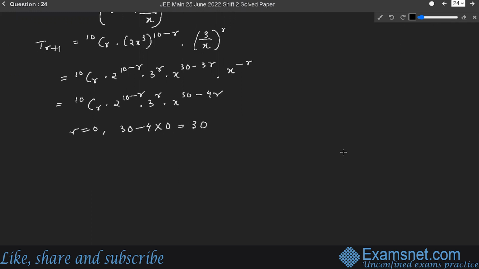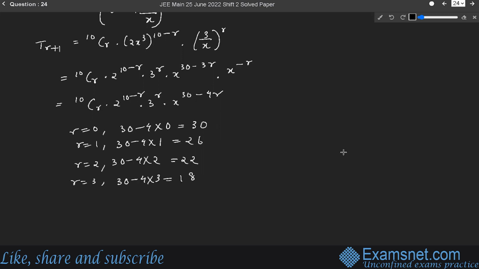It is even and positive. For r is equal to 1, 30 minus 4 into 1 is equal to 26. It is again even and positive. For r is equal to 2, 30 minus 4 into 2 will be equal to 22, which is even and positive. For r is equal to 3, 30 minus 4 into 3 will be equal to 18, which is also even and positive.